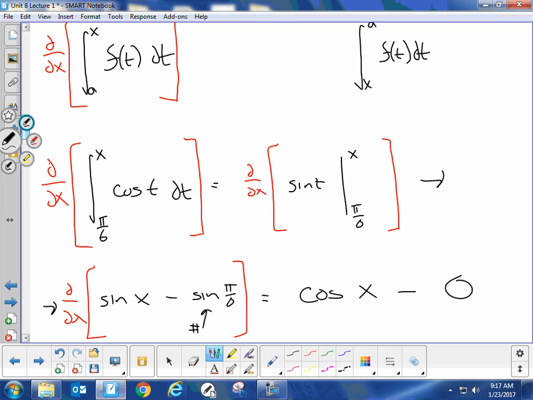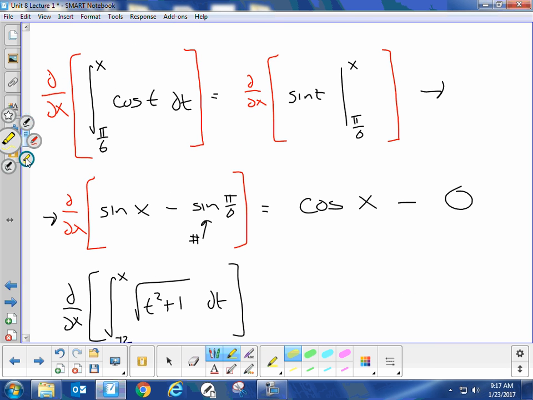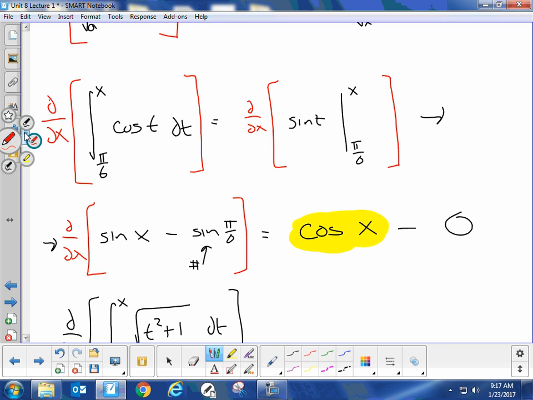Okay, so I started with something that looked complex, taking the derivative of this, and I ended up with cosine of x. What is that? That's just the function that's inside my integral with x's instead of t's, right? How did we get there? Well, think about it.